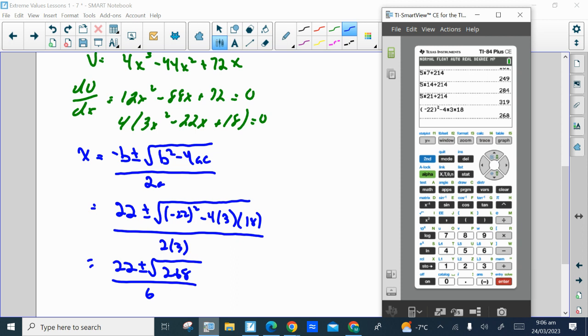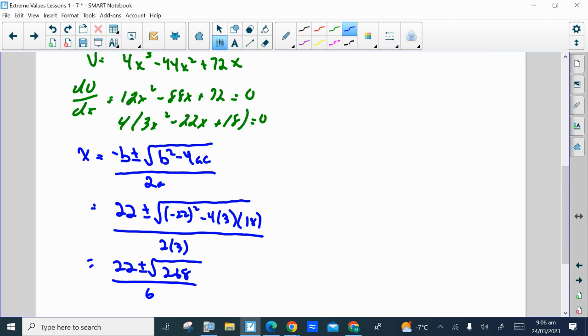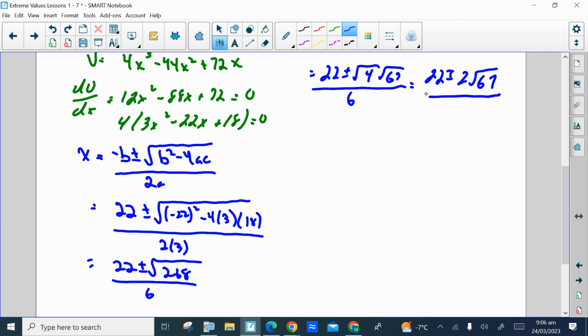And that can be reduced, but 268 is not a perfect square. I'm pretty sure it's divisible by 4. Yeah, so root 4, root 67. And the square root of 4 is 2. And then you could divide all three terms by 2.